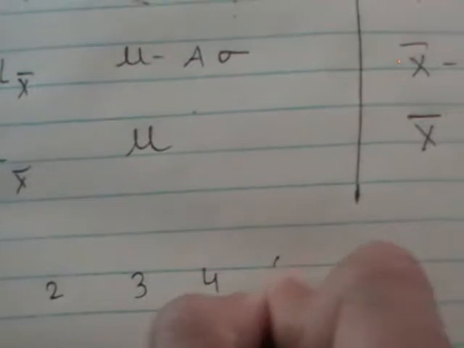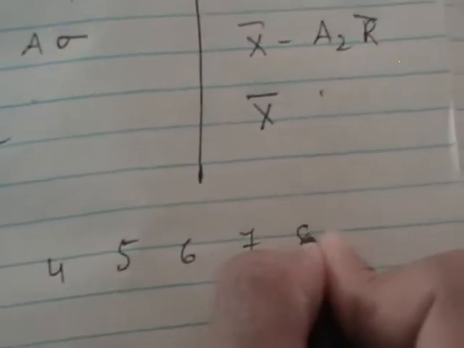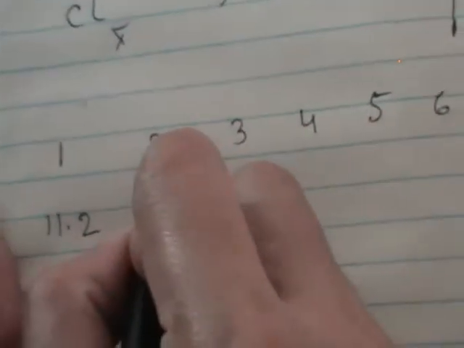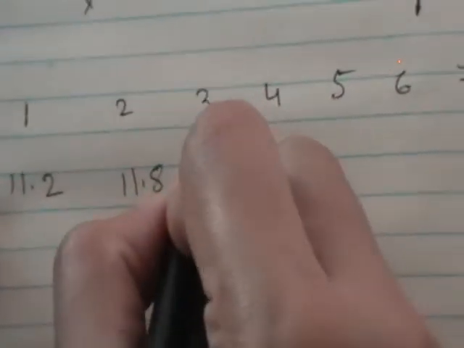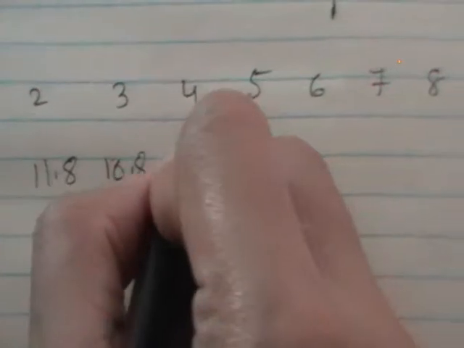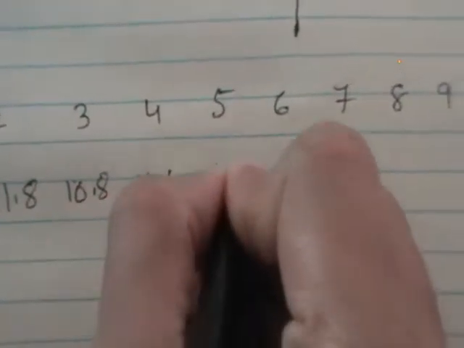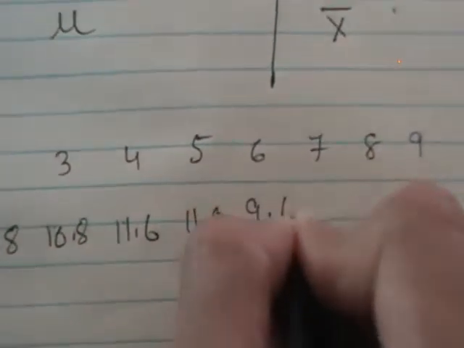Now let us construct what is given to you. 10 samples are given to you: 1, 2, 3, 4, 5, 6, 7, 8, 9, 10, with means 11.2, 11.8, 10.8, 11.6, 11.0, 9.6, 10.6, 10.